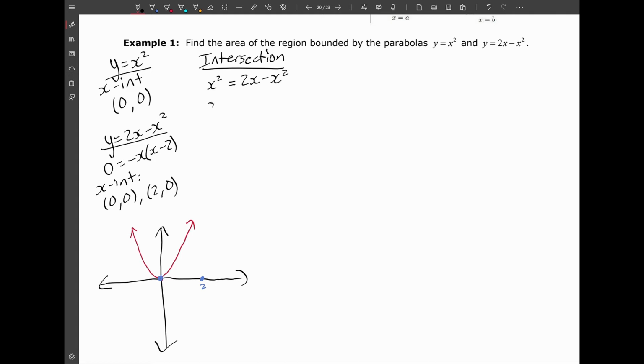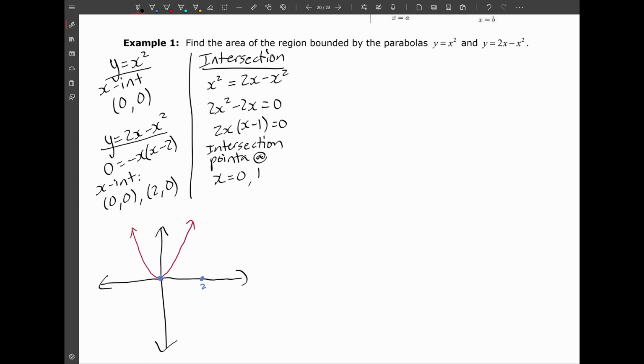And we get that 2x squared minus 2x is equal to 0, which means that 2x times x minus 1 is equal to 0, which gives us intersection points at x equals 0 and x equals 1.